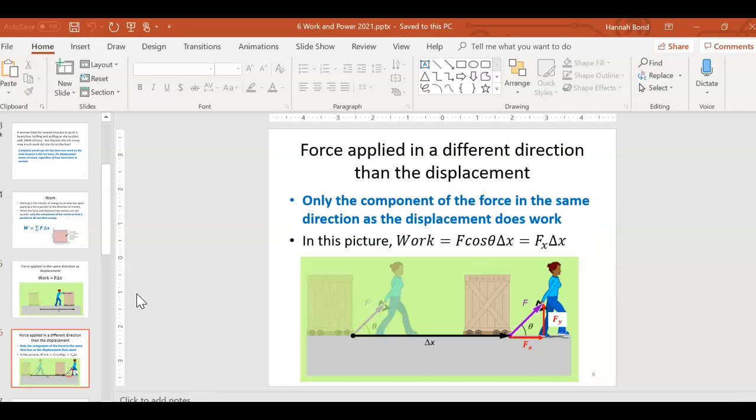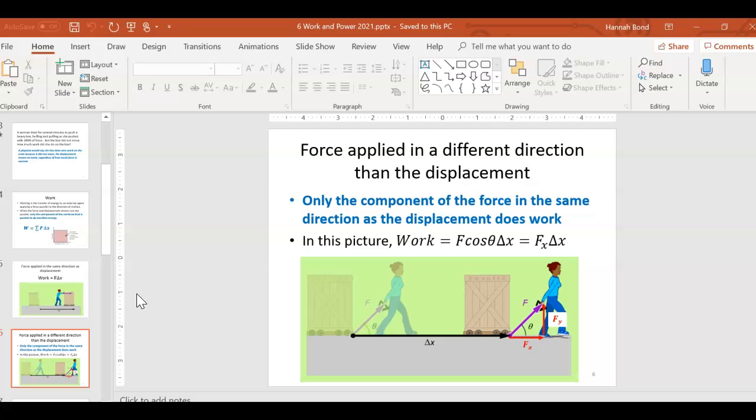Here's a different example where the woman is pulling the box in the warehouse, but she's pulling at an angle. If we resolve the force that she's pulling with into its horizontal and vertical components, only the x component of that force is actually parallel to the direction of motion of the box.